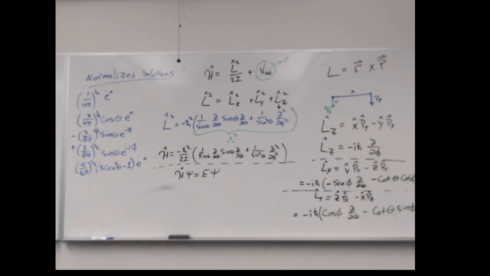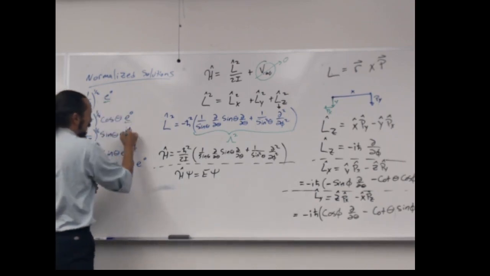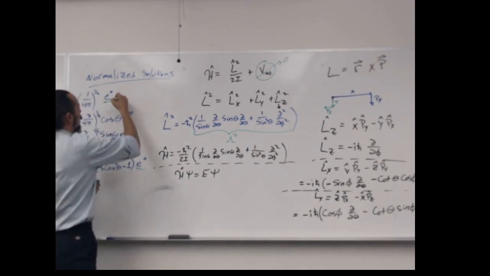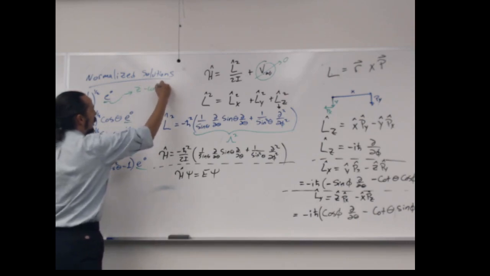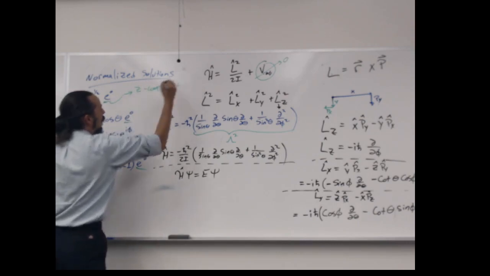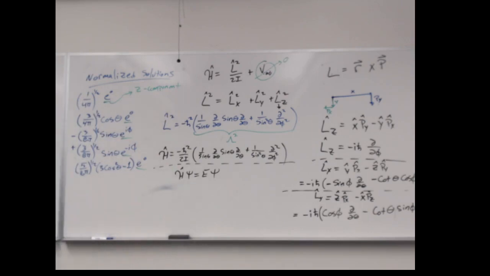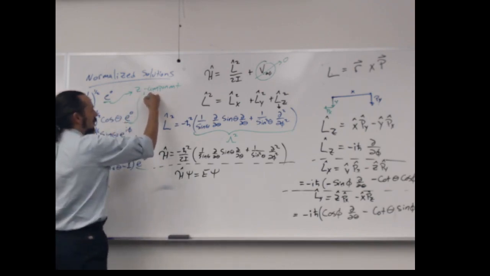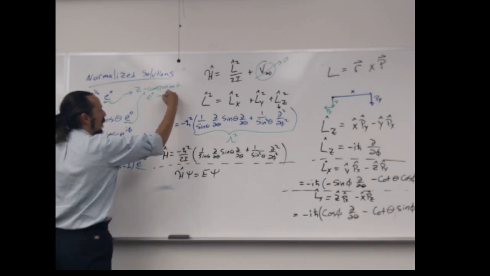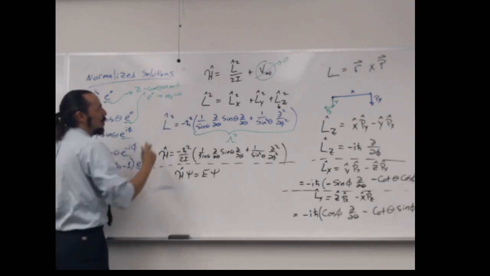So we can notice some things about this. Right, from our particle in a ring solution that we did last week, we can recognize that there's a z component here, and that when it's 0, that's going to correspond to the m sub L equals 0.